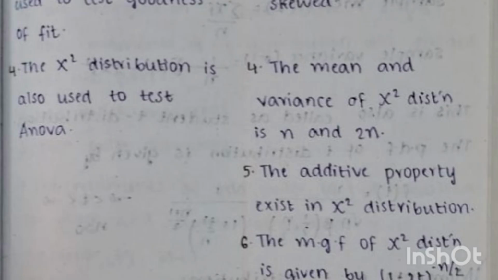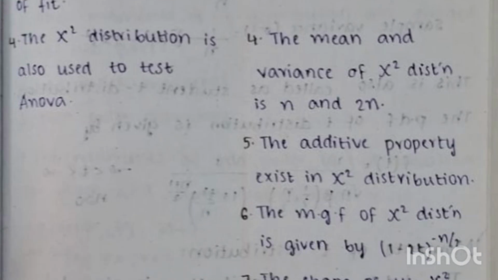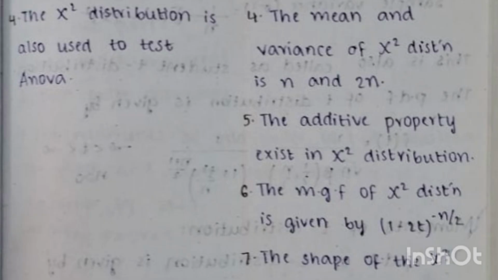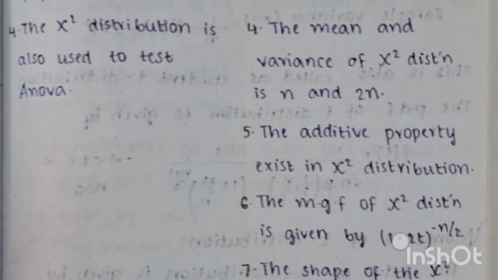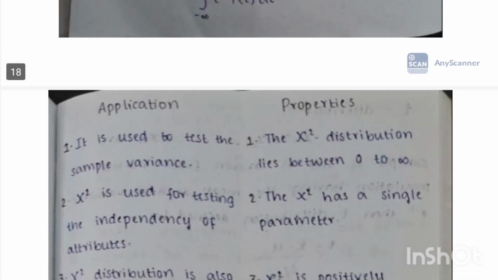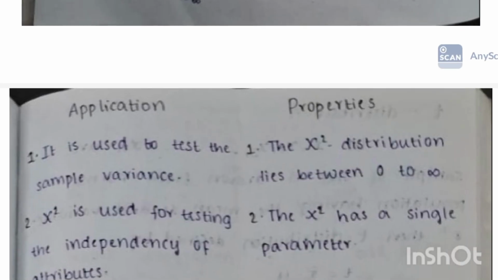The additive property exists in the chi-square distribution. The MGF is given by (1 minus 2t) to the power of minus n by 2. The shape of the distribution depends on its parameter n. These are the very important properties and applications of the chi-square distribution.